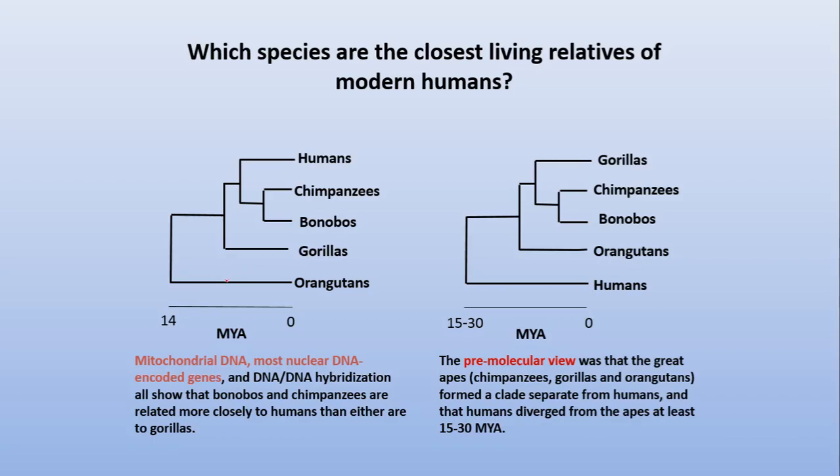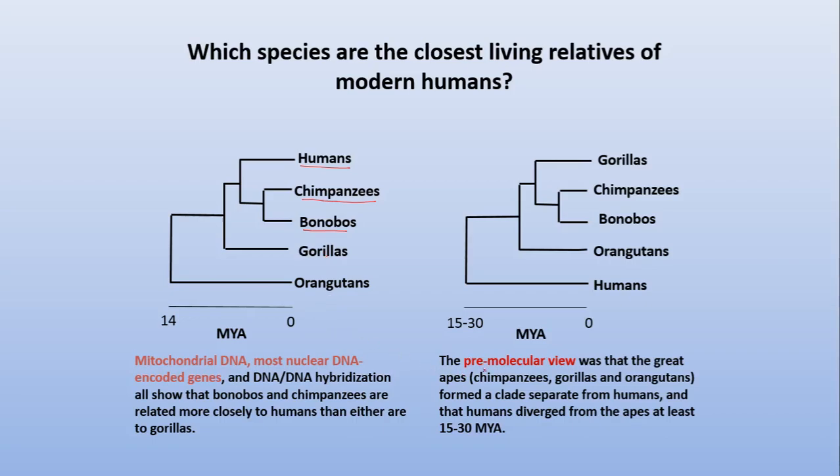In the modern view of molecular phylogenetics, on the basis of the sequence analysis we have done from mitochondrial DNA, most of the nuclear DNA encoded genes and some DNA hybridization experiments, all of these modern phylogenetic analyses indicate that the bonobos and the chimpanzees are more closely related to humans than either the gorillas or orangutans.